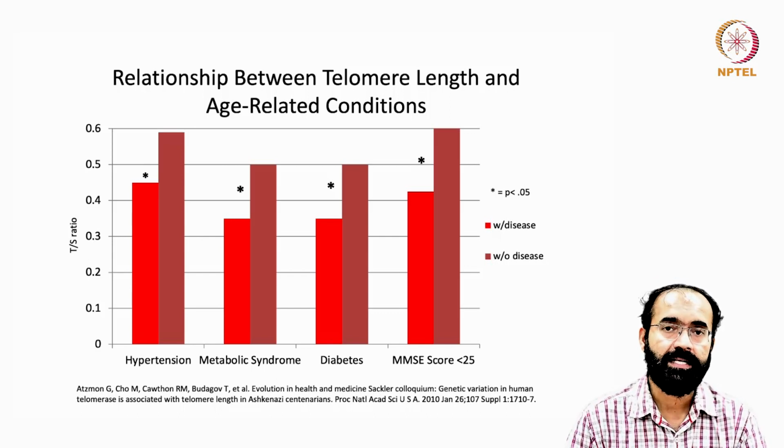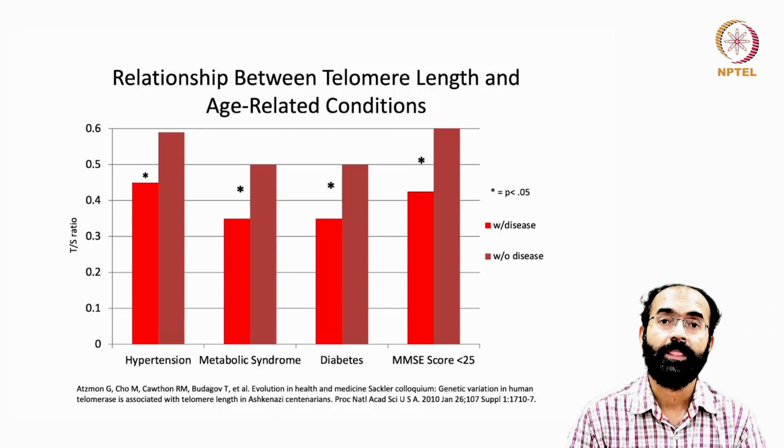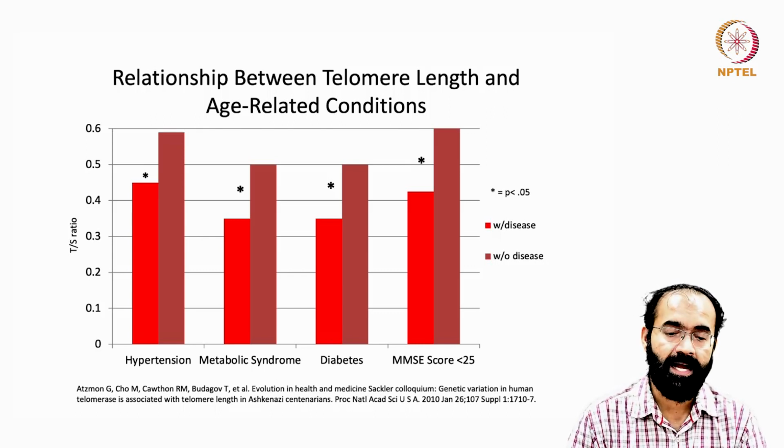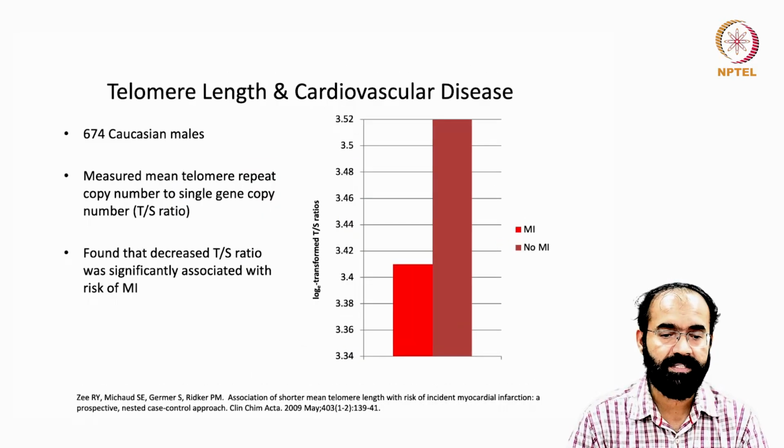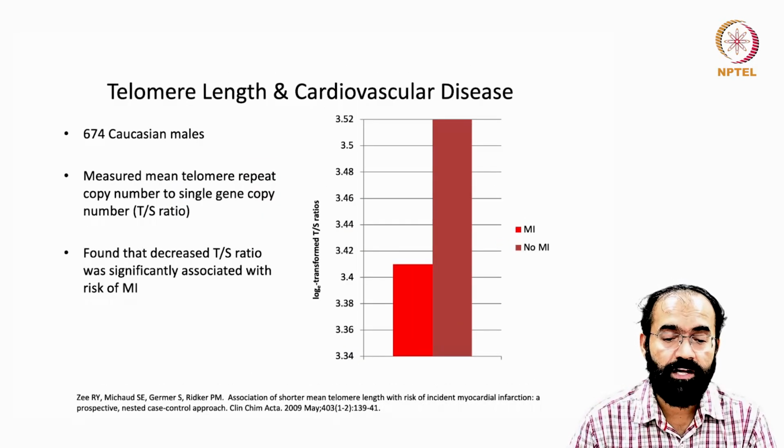As you can see here, this has telomere length divided by the somatic length, and you end up with two categories, with disease and without disease. Disease having a higher TS ratio is a significantly accepted fact. So as the TS ratio goes higher and higher, you end up getting more chance of having disease.